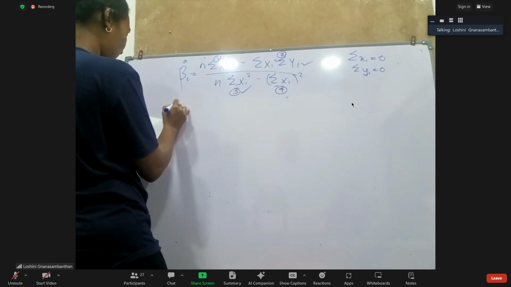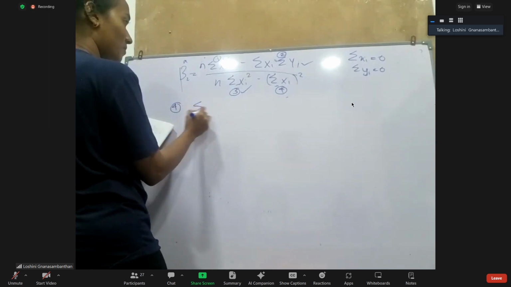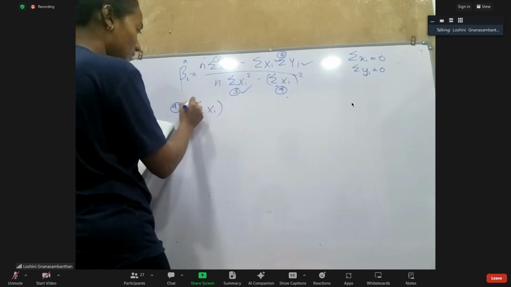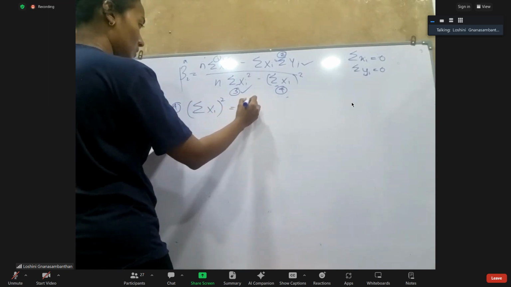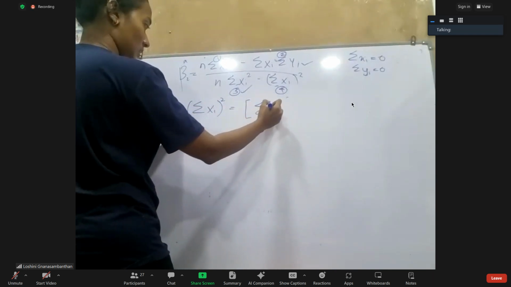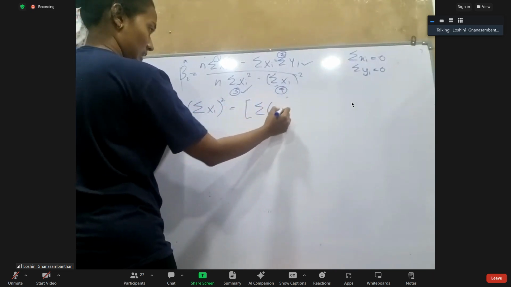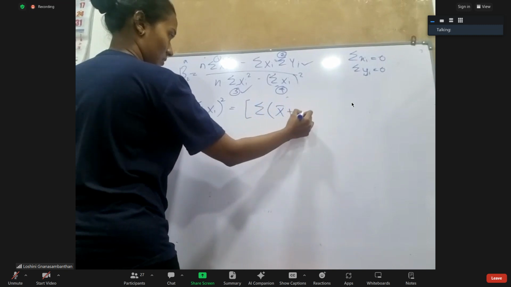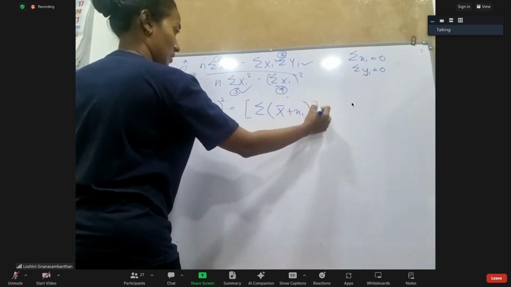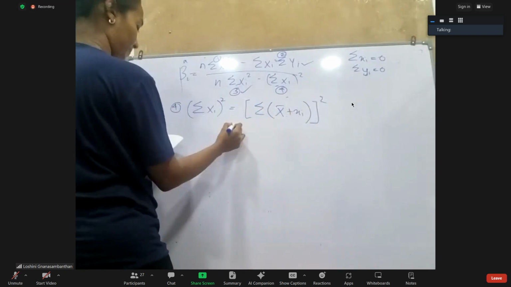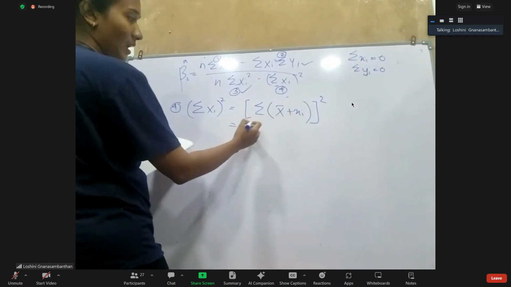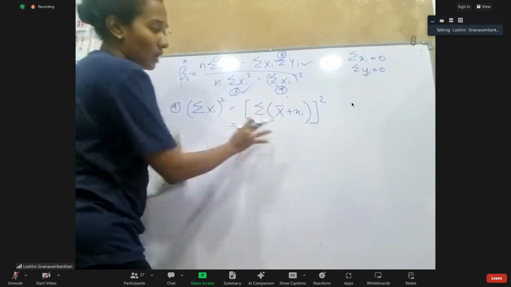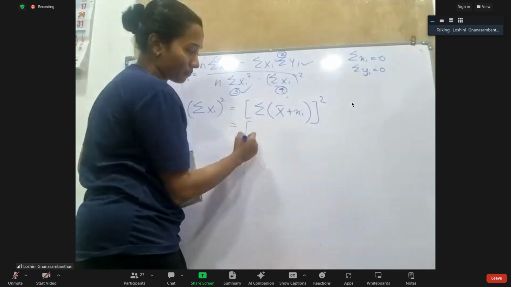And then the fourth part is sigma xi whole thing square, right? So you can solve it inside, right?